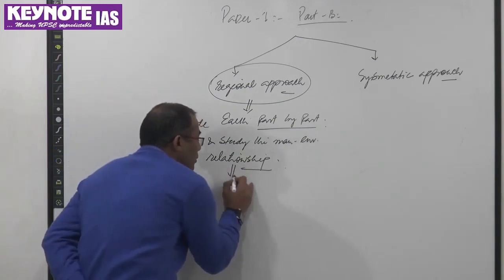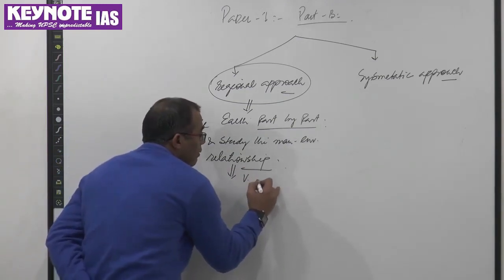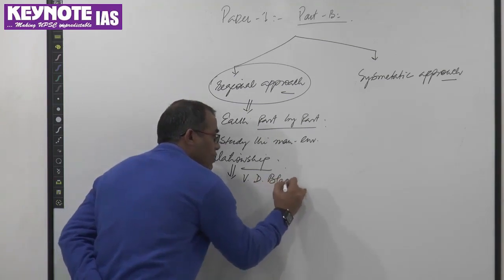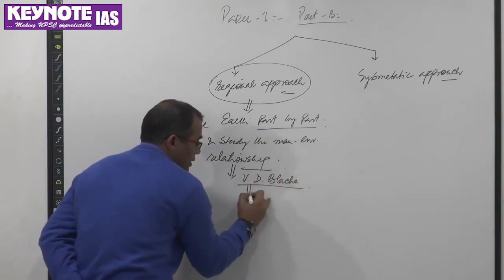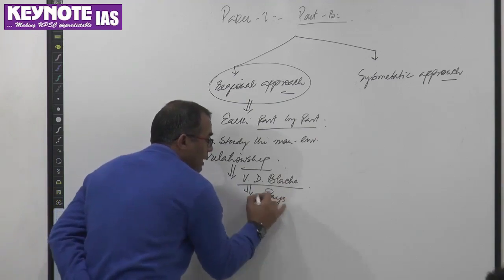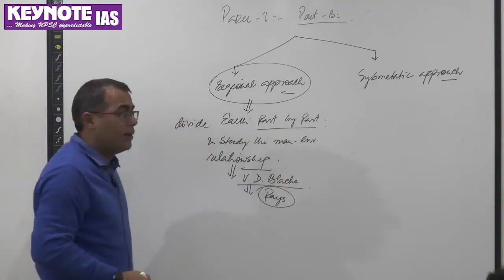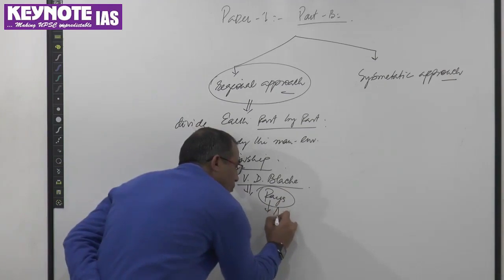For example, the most important one is Vidal de la Blache, a French geographer who for the first time tried to talk about pays. Pays is a French term that means a segment of Earth.